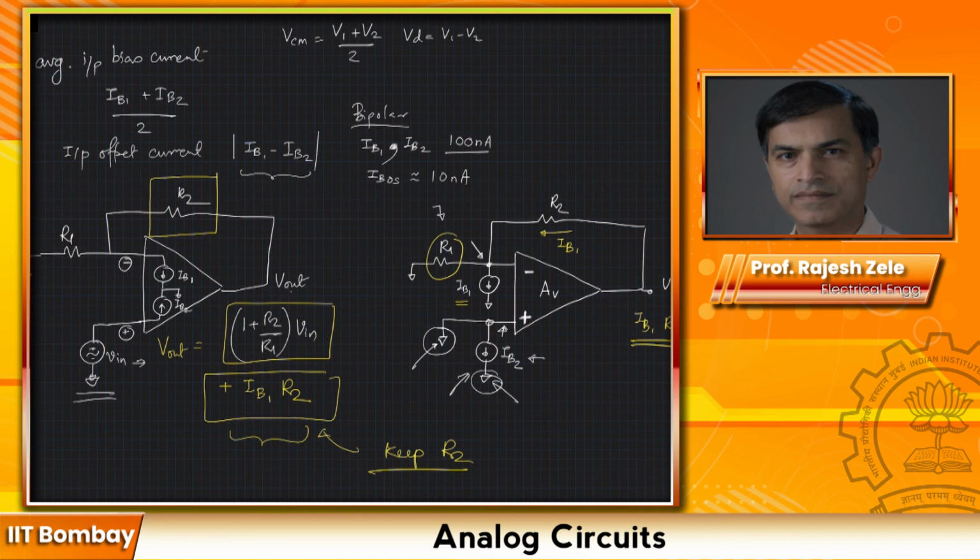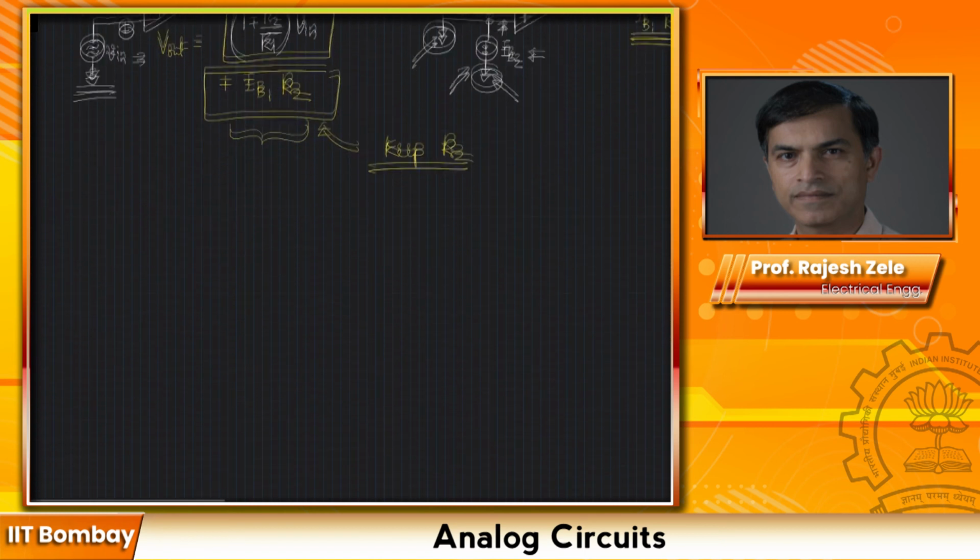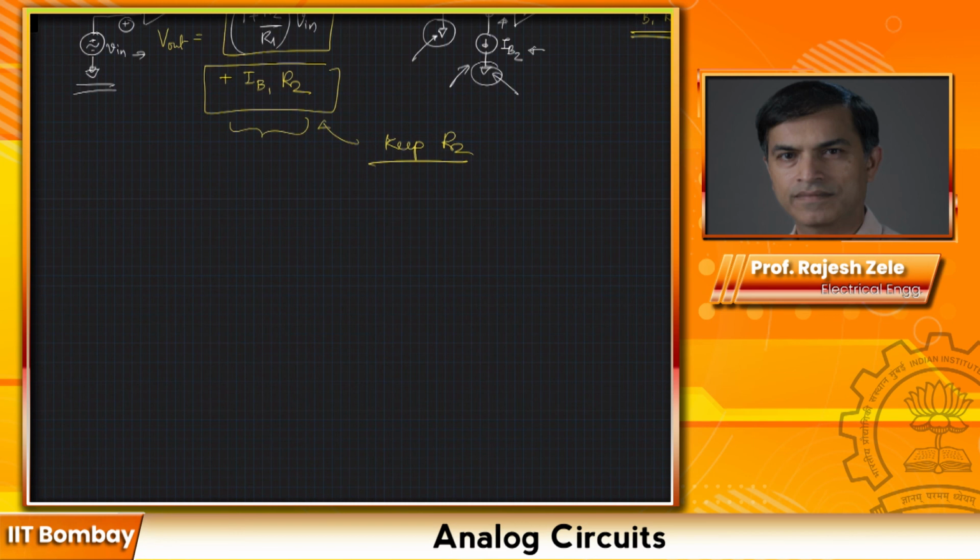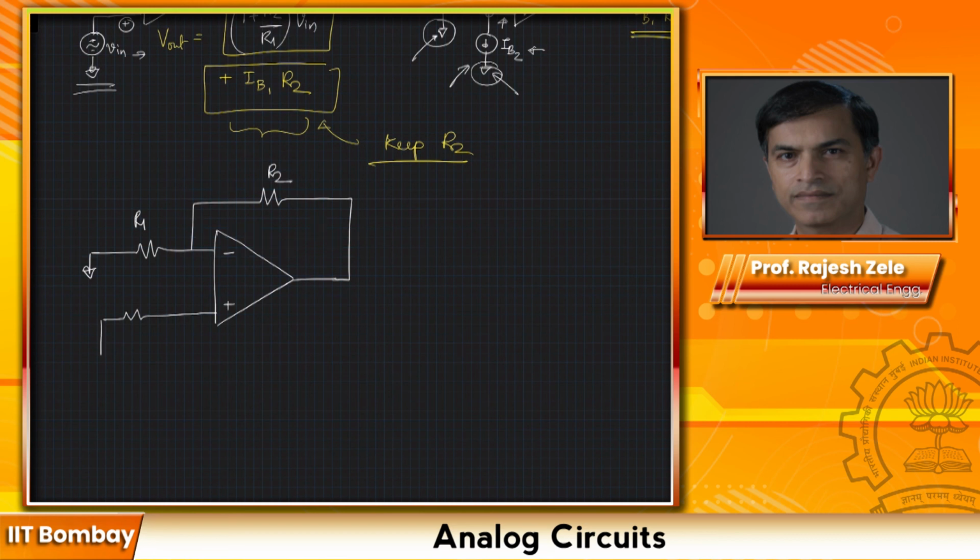Okay, so don't lose heart. There is a way we can mitigate this effect, and it is a very simple solution which I'm going to show you. Let's see. So this is your original amplifier, R1, R2, and we are going to add another resistor here, minus plus, and that would be my V in.